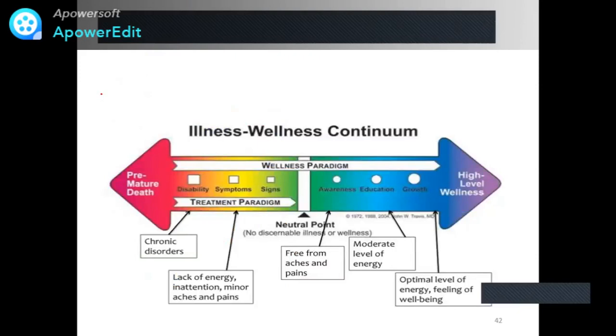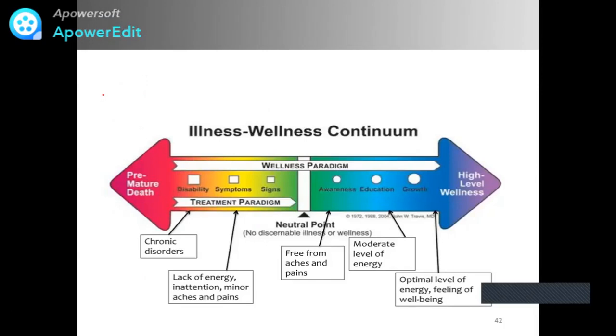Health fluctuates within the range of optimal well-being to various levels of dysfunction, including the state of total dysfunction, namely death. There are two points: one is death, the other is totally positive health.